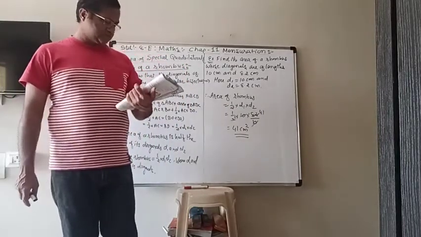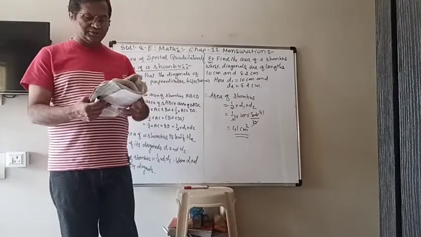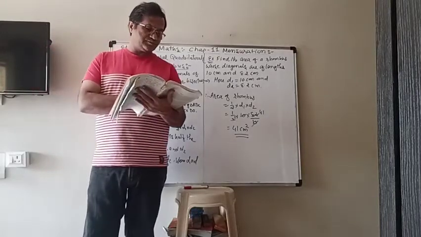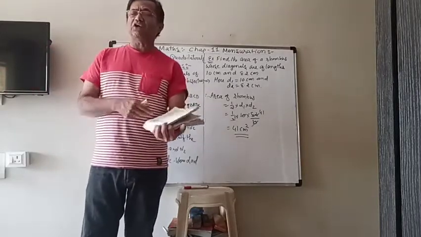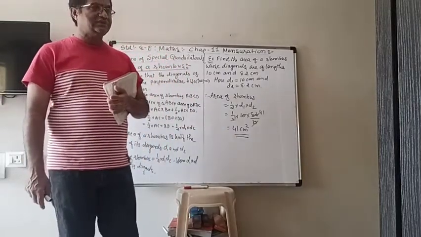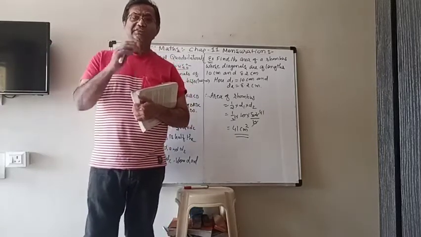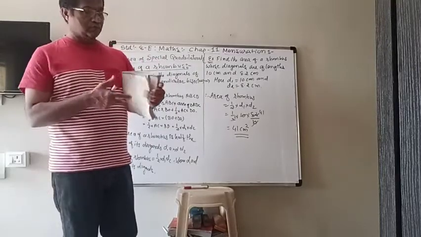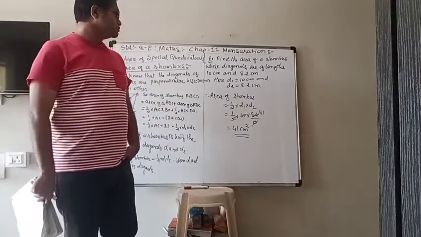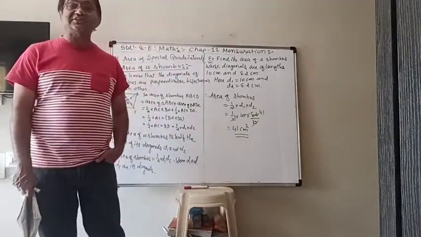So we get the formula half into d into (h1 plus h2), meaning the common diagonal multiplied by 1 by 2 and then the sum of the two heights drawn on that diagonal. Now today we are going to learn some formulas to find the area of some special quadrilaterals.